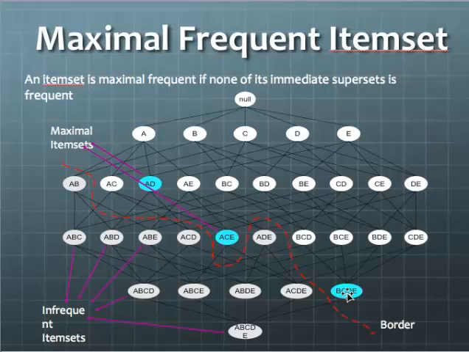An item set such as AD is maximal frequent because all of its immediate supersets ABD, ACD, and ADE are infrequent. In contrast, AC is non-maximal because one of its immediate supersets, ACE, is frequent.